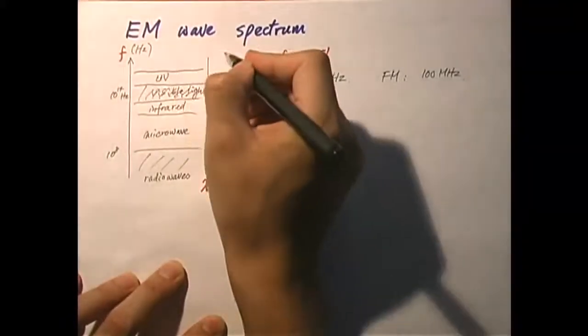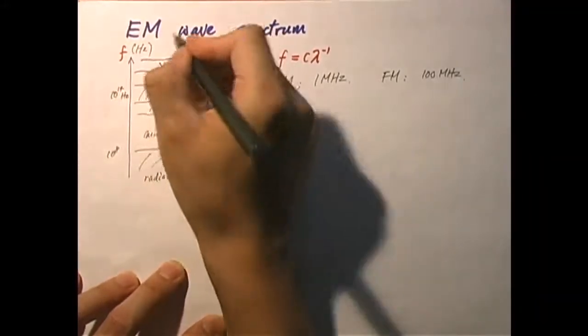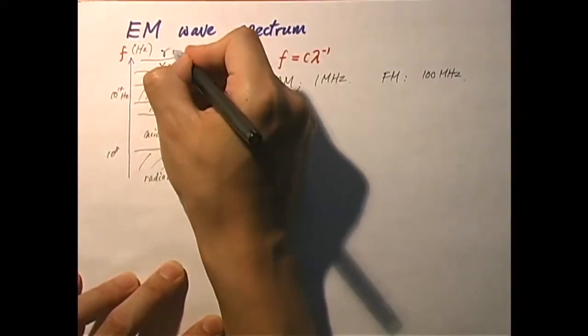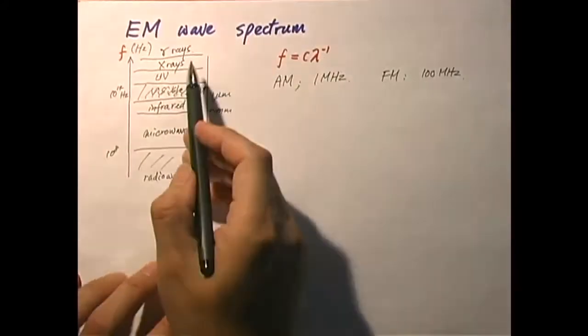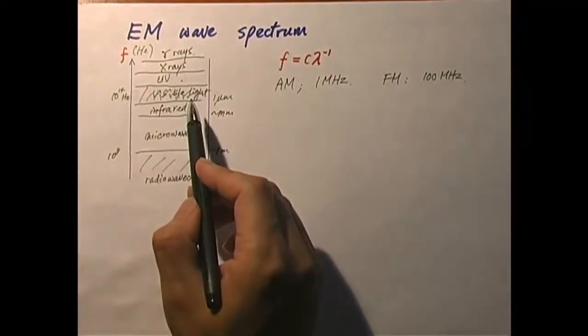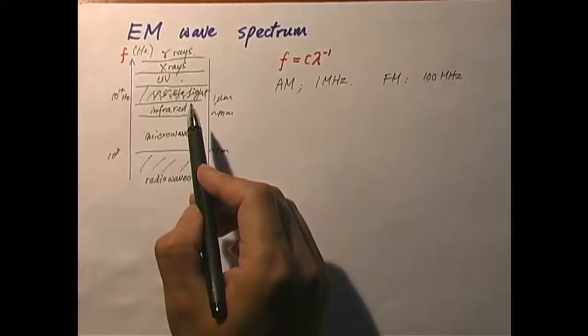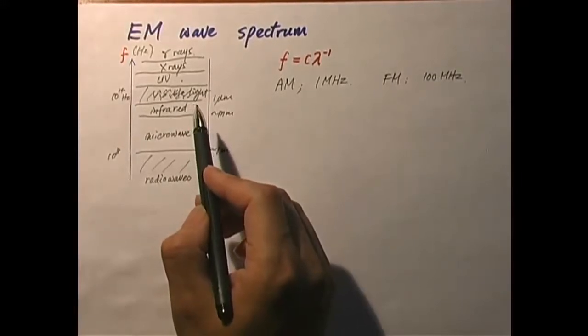Now, above UV, you have what's called X-ray, and then above that you have gamma rays. X-rays are typically generated when a high-speed beam of electrons hits a piece of metal. They can also be generated from medium to large size atoms.